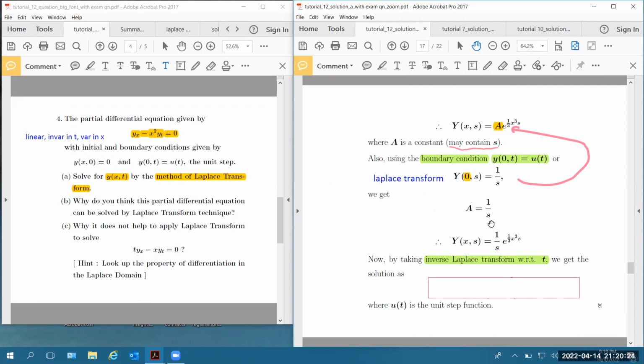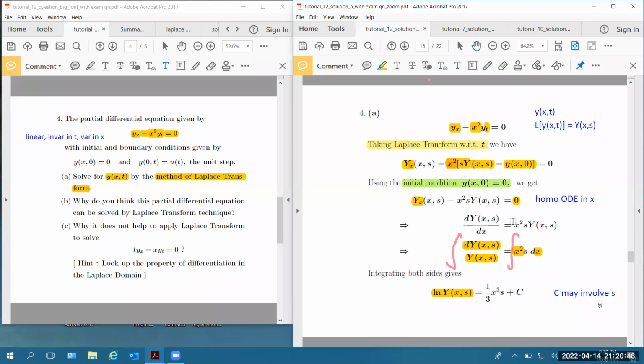Then you put this a inside your general solution, and you get this thing here. So this is finally the solution of the ODE, the one I highlight here.